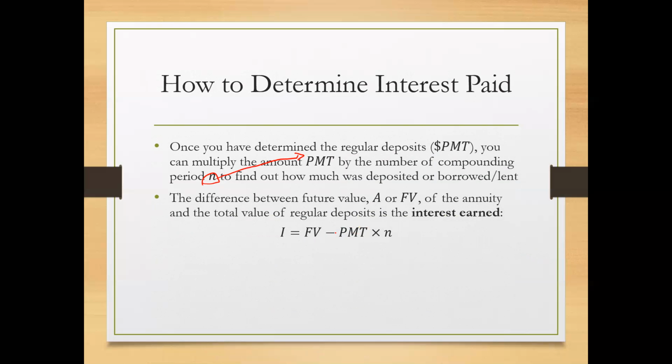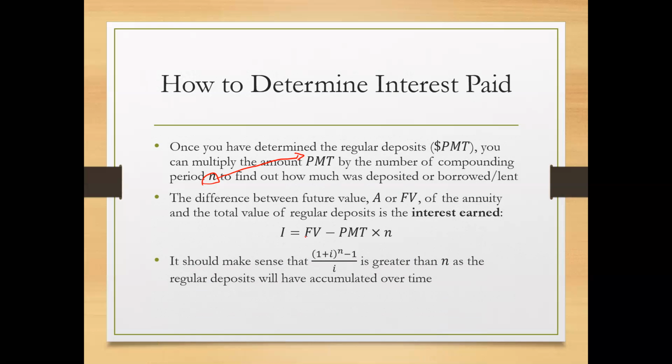So in our other example, once we found out what the regular payments were, we multiply by how many payments we've made, and subtract that off from the future accumulated value of all the payments. That's what an annuity is essentially: you're making more than one payment. If it is only one deposit, then it's just like what we did in lesson 1, where you simply use the compound interest formula. But in this case, we're making multiple payments.